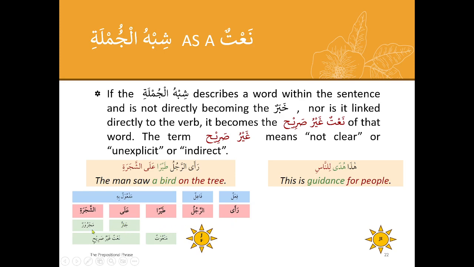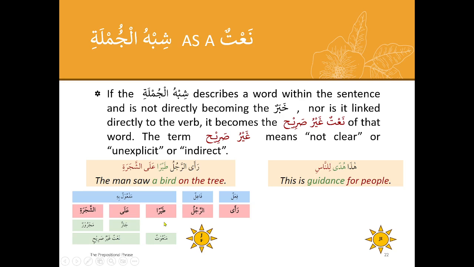So here's your Jar wa Majrur, your Shibh Jumlah. And we have here man'ud, na'tun, ghayru sarih. Now, in this example, the phrase ala shajara, on the tree, is describing the location of the bird.